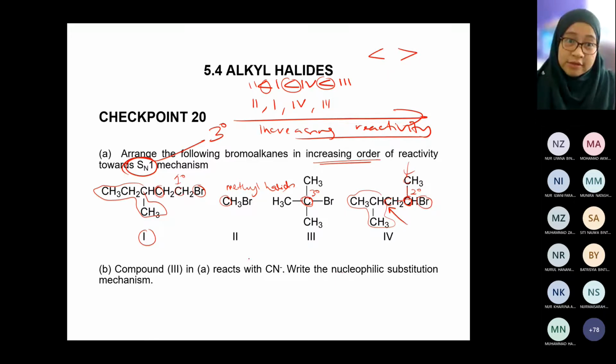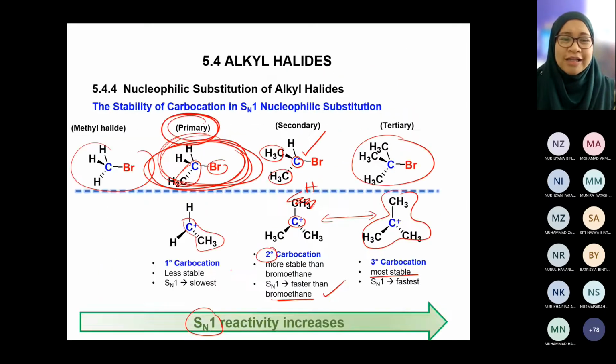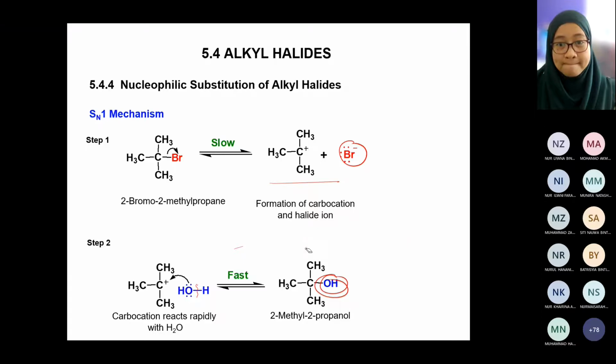Okay, alright. Compound 3, this one, reacts with CN minus. Okay, so this is the nucleophile. Write the nucleophilic substitution mechanism. Okay, alright. So it is SN1. What you have to do is basically use this mechanism step, it's just that you replace with CN.